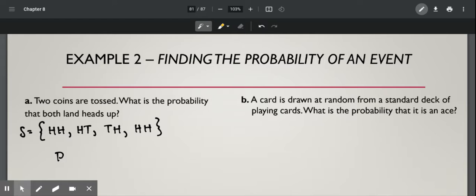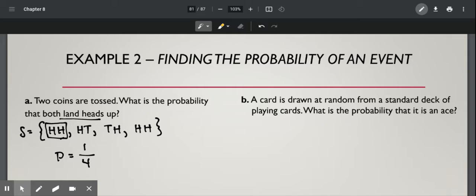When we look for the probability, our total number of possible outcomes is in the denominator, and the number of events within that sample space is in the numerator. For both landing heads up, there's only one outcome where they would both be heads up. So we would say that the probability is 1 in 4.